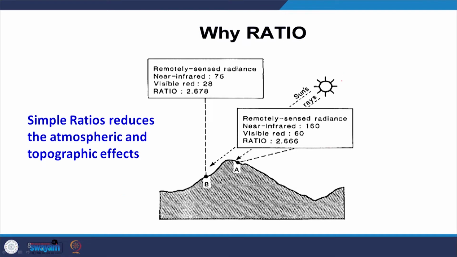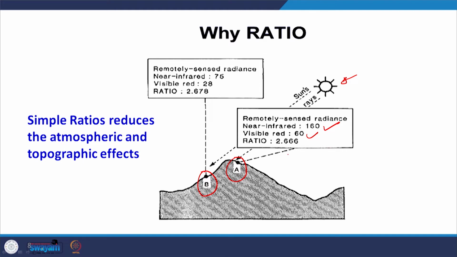This is the sun direction, and part A is the sunlit part, but part B is in the shadow. Take the same hillock: part B is in shadow, part A is sunlit. From the same satellite image, the near infrared value at A is 160 DN, and the visible red band value is 60.